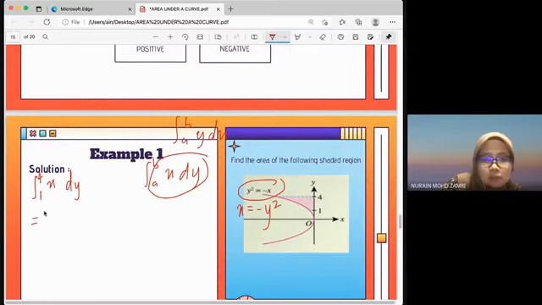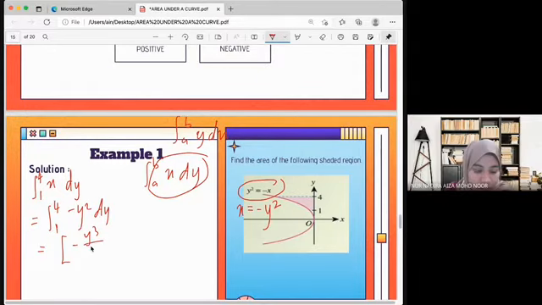And then substitute x with our function, which is negative y squared dy. And then you integrate like usual, so you will get in brackets negative y to the power of 3 divided by 3, close bracket, from 1 to 4.